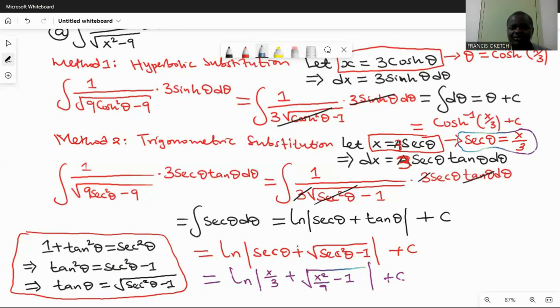And in method 2, we get ln of x over 3 plus the square root of x squared over 9 minus 1. Those two answers are the same. Because remember, in hyperbolic functions, I told you how you can express inverse hyperbolic functions as a natural logarithm. And when you express cos hyperbolic inverse of x over 3, you get the answer that we found in method 2.